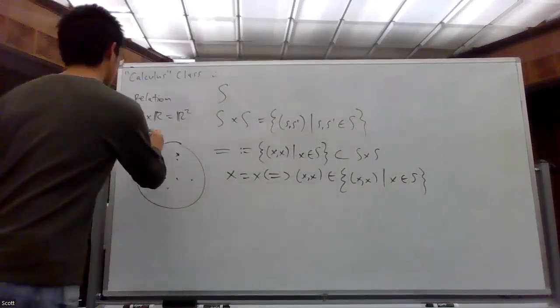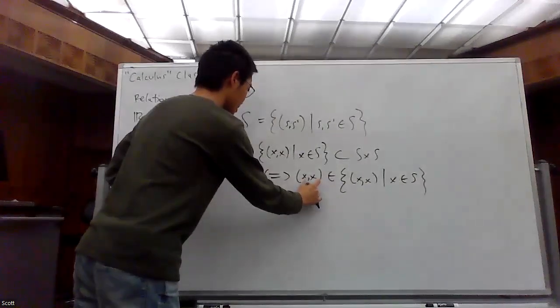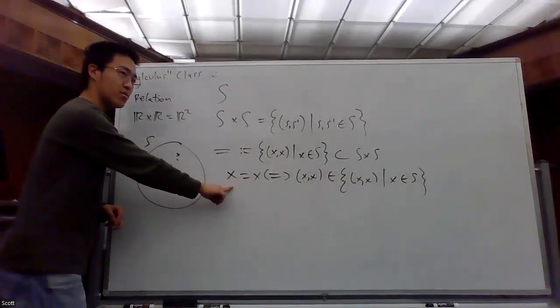So if I take something in S, and then I take it in an ordered pair with itself, that is how we define the equality relation.